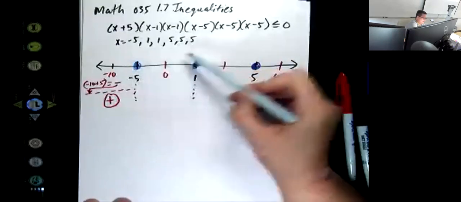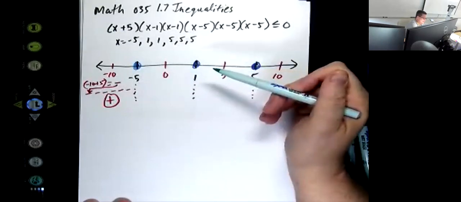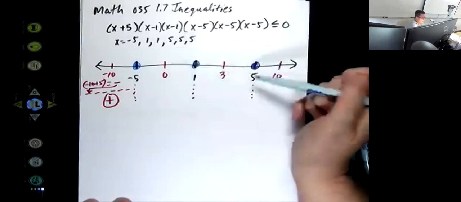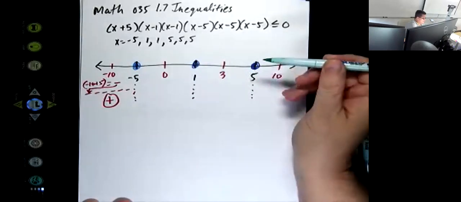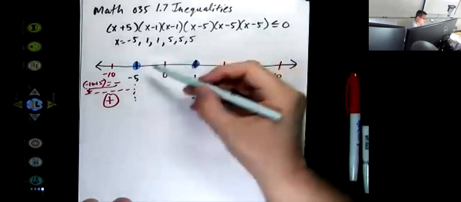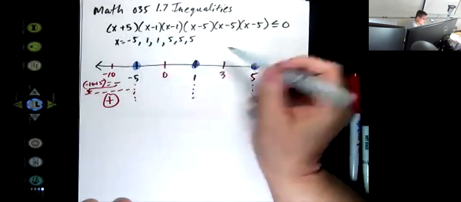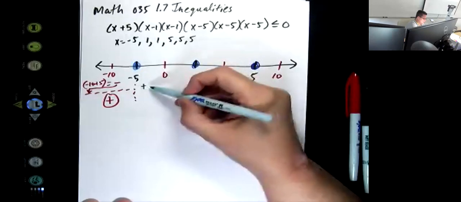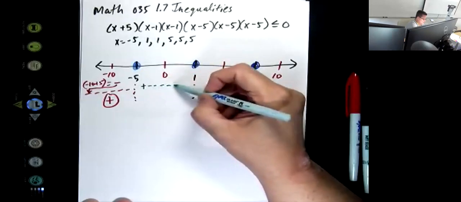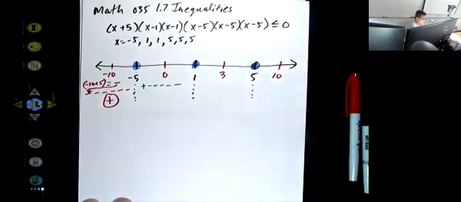Yeah. We're going to make it a little bit harder. Well, we did like 2. We did a quadratic equation. I souped it up a little bit. If I stick in 0, all that matters is the number that's in each parentheses. I got a positive and 5 negatives. 5, -1, -1, -5, -5, -5.